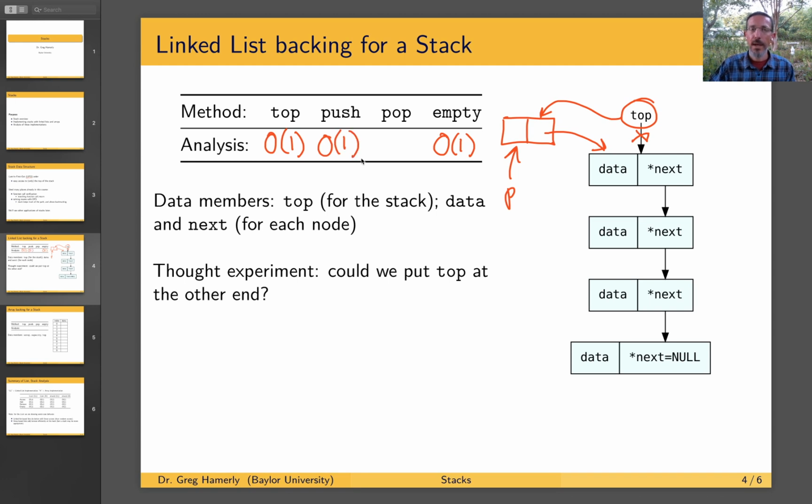Okay. Now, if we were to pop from this stack, we would then need to, again, go to the top, follow the pointer to what it's pointing to, and then create a temporary pointer to hold that node so that we can delete it later. Then we'll make the top pointer point to what that node's pointing to.